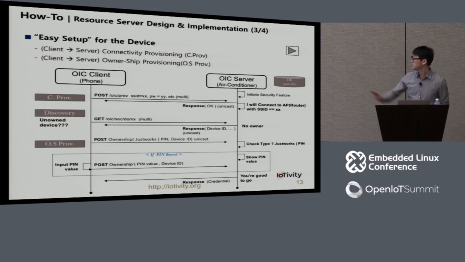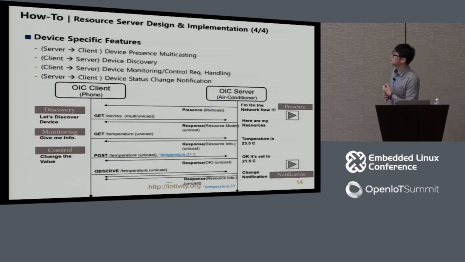This credential is created with the pin, so only the client who knows the pin can decrypt it. And whenever you decrypt the credential, it creates a kind of secret key inside that you can use for the later session. This is how you set up a device.